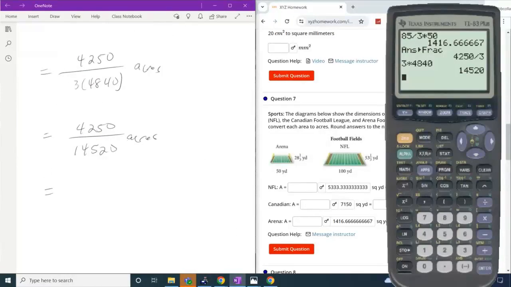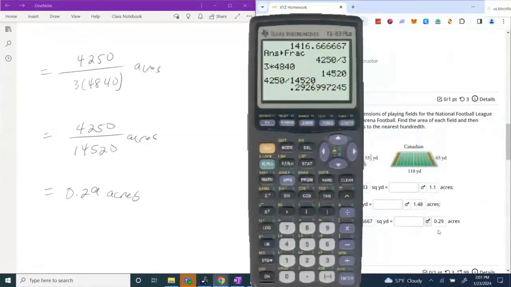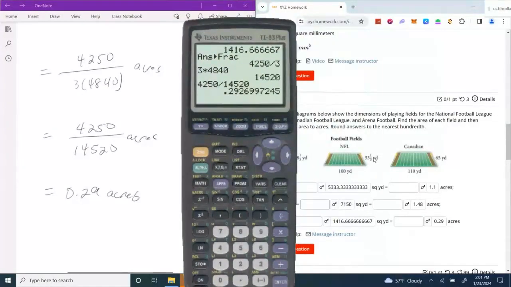Then 4,250 divided by 14,520, and we get 0.29 acres. So the key thing for this problem is to convert the mixed numbers to improper fractions.